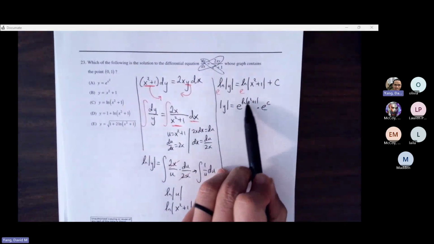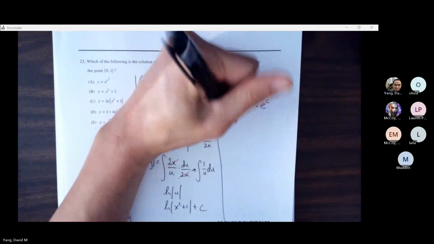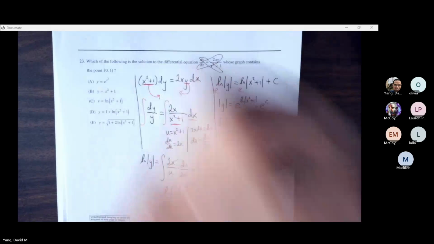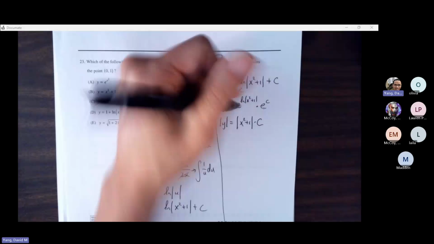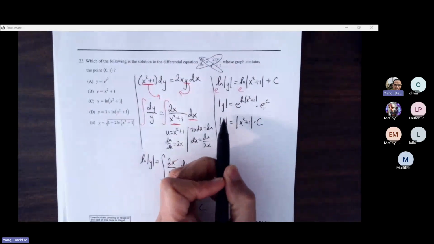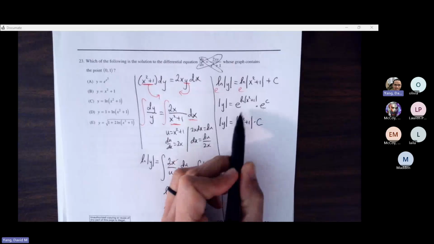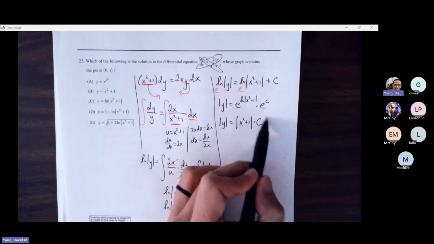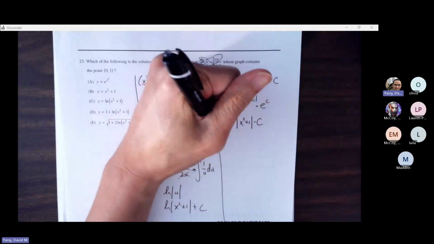We know this will clean up to be just x squared plus 1. We can drag the c out in front. The plus or minus will be produced from, if I drop the absolute value, we get plus or minus. If we drop the x squared plus 1's absolute value, a plus or minus will come out, and all the plus or minuses will just get moved into that c value.